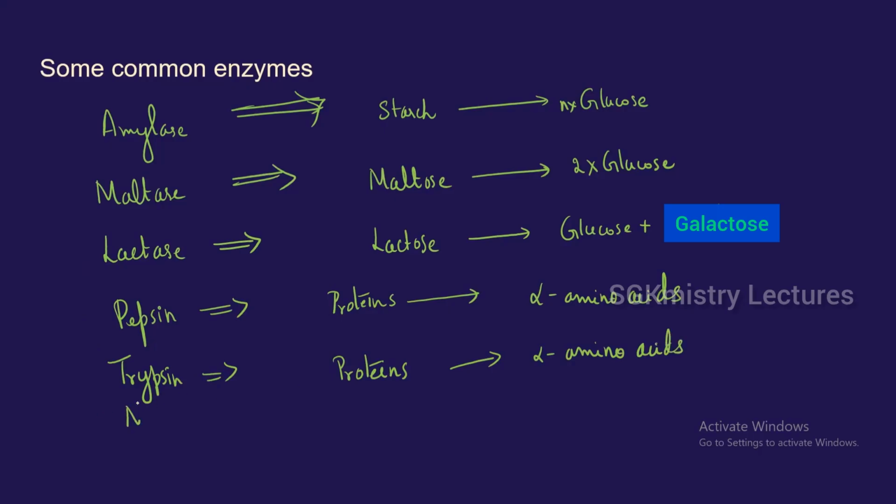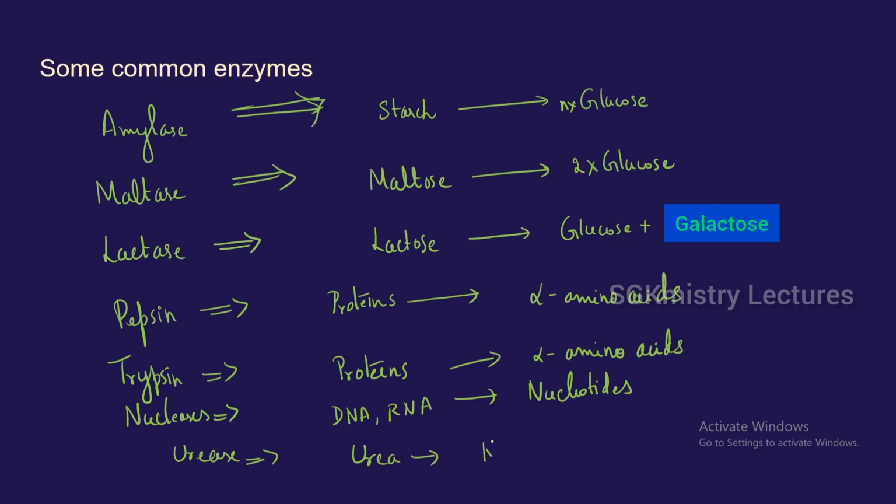Then we have nucleases. Just by looking at the names of most of the enzymes, it is very clear what they do. So nucleases convert DNA or RNA into nucleotides. Then we have urease. As the name indicates, it acts on urea to break it down into NH3 and carbon dioxide, ammonia and carbon dioxide.